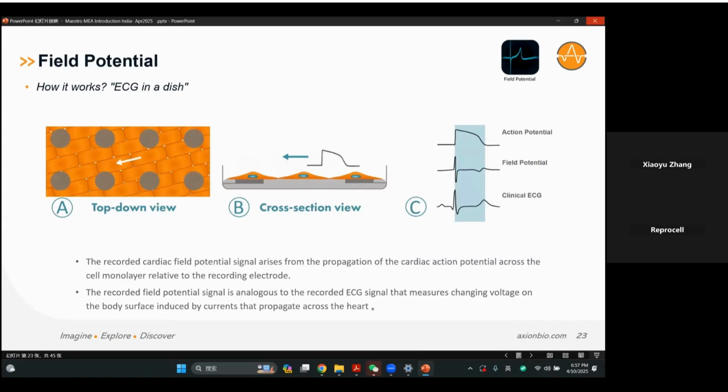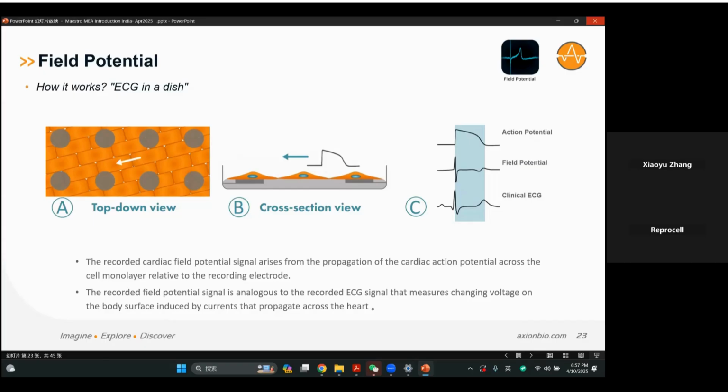When cardiomyocytes are cultured in an MEA plate, spontaneous action potentials from a group of cells can be detected as fluctuations in the extracellular field potential at the recording electrode.